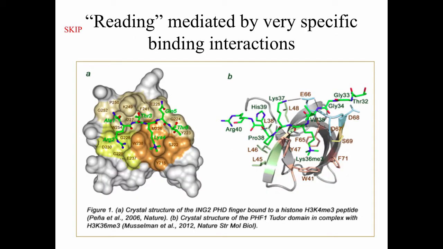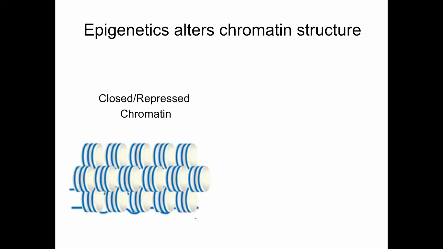So we're going to skip this slide, and then just talk about how epigenetics can alter chromatin structure. So remember that chromatin is very, very compact. When it's in this compact conformation, it's very, very hard for, like I said, the transcriptional machinery to be able to access the DNA and turn the genes on.